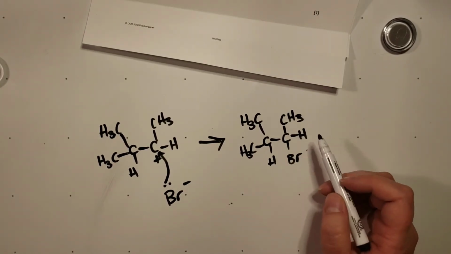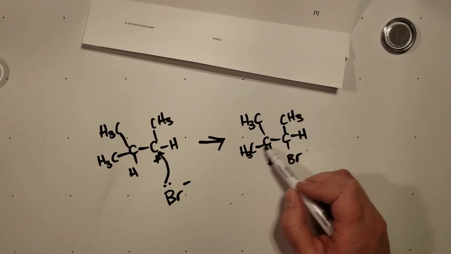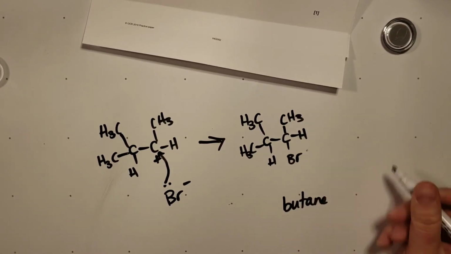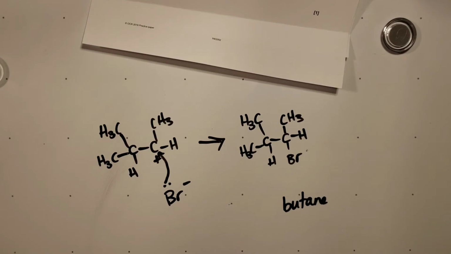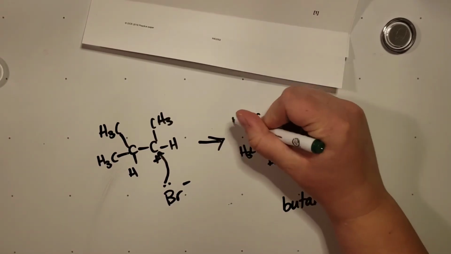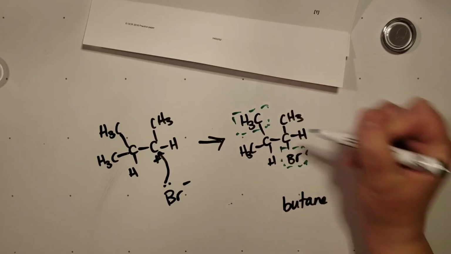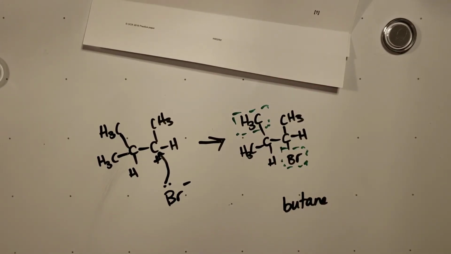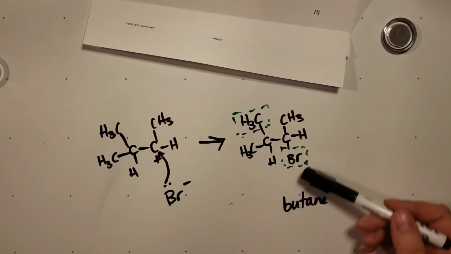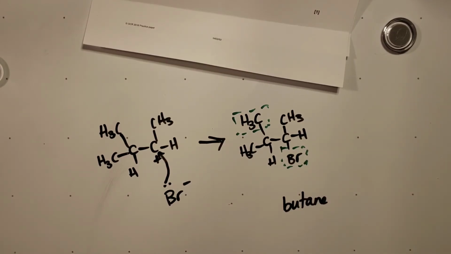Success. All right, so we still have our longest chain being 4 carbons, so we still have butane. But now, if we look at where the groups are coming off of that main chain, it's there and there. Now your halogen is going to take priority over that methyl group. So when we're naming it, we want the halogen to be on the lowest number carbon.